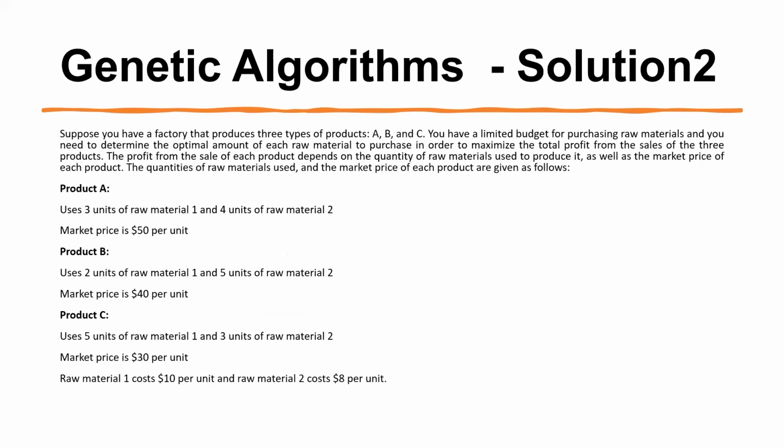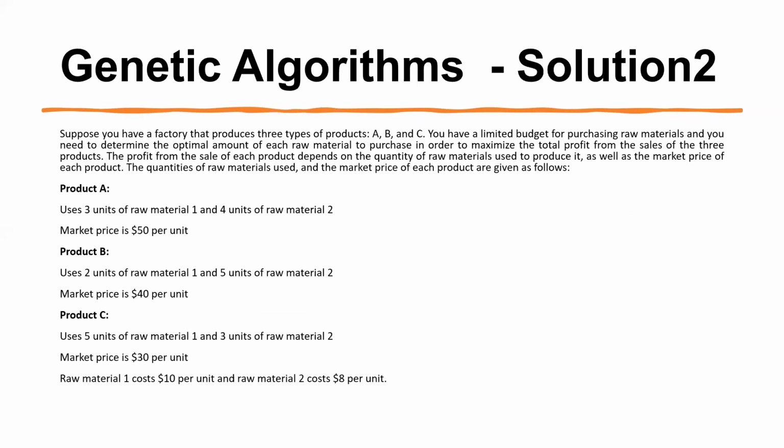So here I have one more solution or a case study where maybe you have a factory that produces three types of products, A, B, and C. You have a limited budget for purchasing raw materials, and you need to determine the optimal amount of raw materials to purchase in order to maximize the total profit from the sales of the three products.